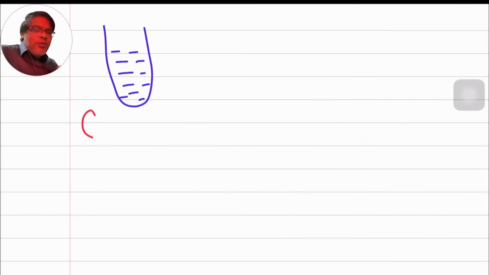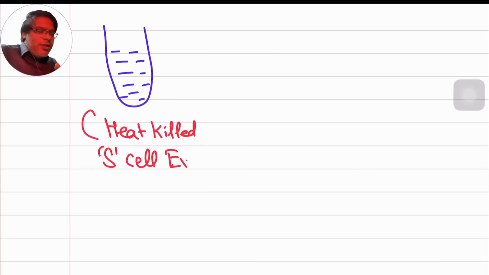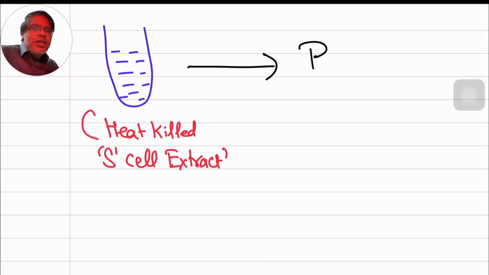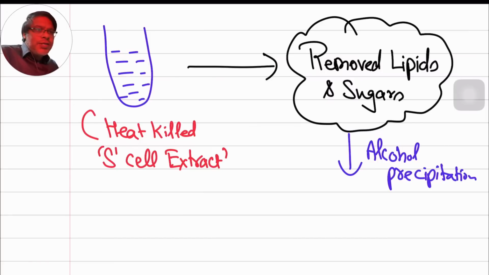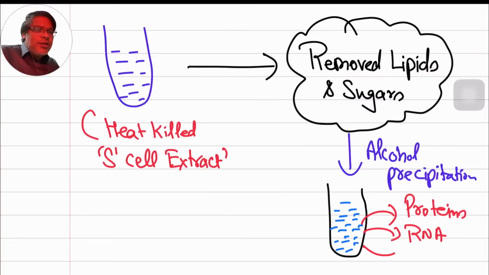Now here, what they did, they took heat killed S cell extract, and they removed lipids and sugar from it. How did they do that? They added alcohol. By alcohol precipitation, they collected the extract. Now from this mixture, you have removed lipids and sugar.